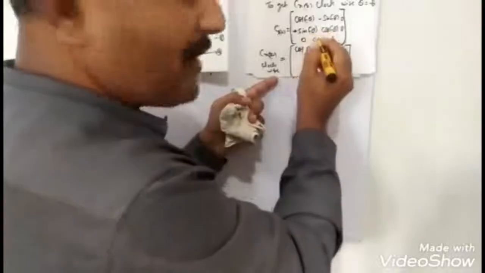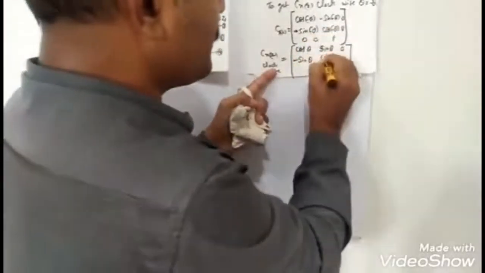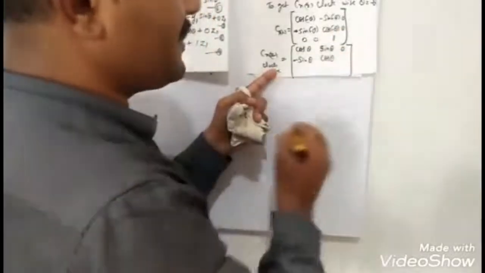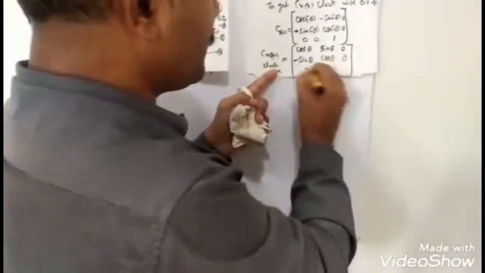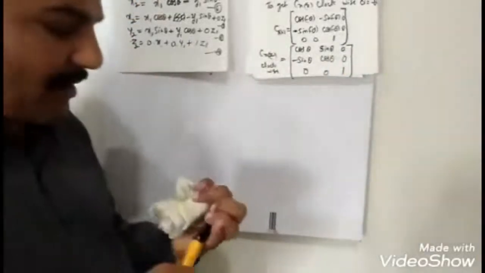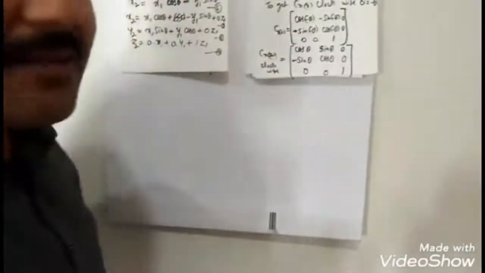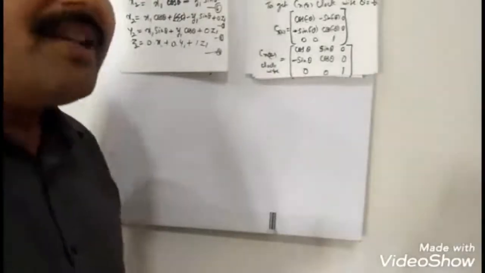Sin minus theta is, as I told, minus sin theta. So cos minus theta is equal to cos theta, 0, 0, 0, 1. So this is the mathematical relation for the C and Z matrix, that is, rotation performed along the Z axis. Now you can get the matrix notation for the C and Y.